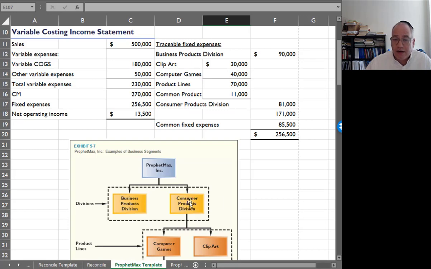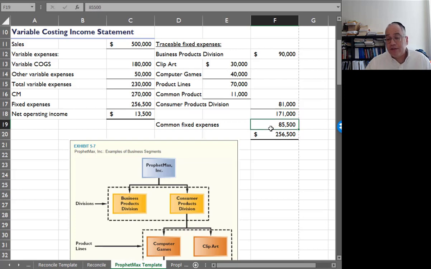So for the Consumer Products Division overall, fixed costs are $81,000, of which $30,000 is traceable to clip art, $40,000 is traceable to computer games, and $11,000 is common. So $90,000 of overall fixed costs are traceable to business products, $81,000 are traceable to consumer products.